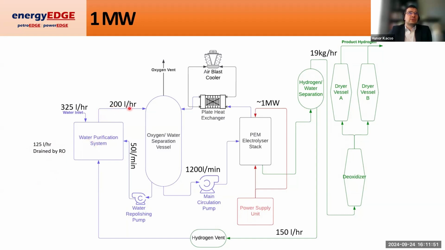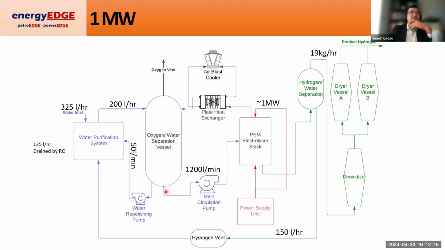We will have around 200 liters of highly pure water. We're talking about very close to the lowest conductivity of water. So it's going to be around 0.08, 0.09, or 0.1 microsiemens per centimeter of water conductivity going into the oxygen water separation vessel.